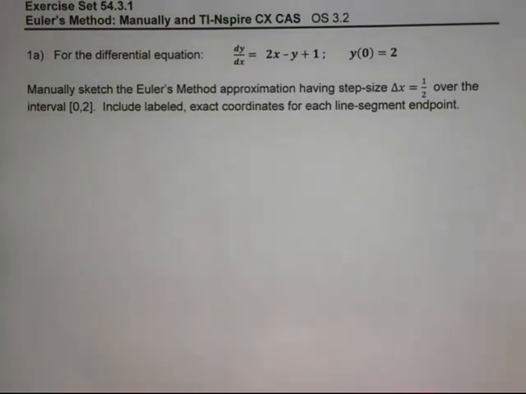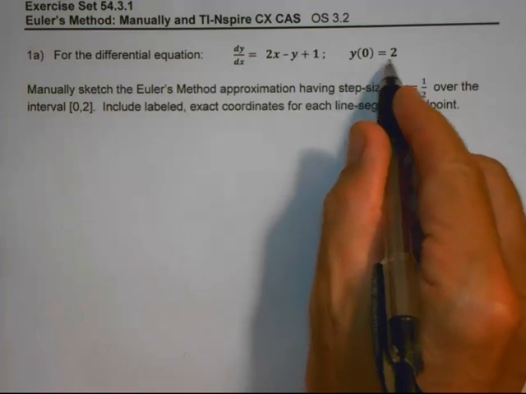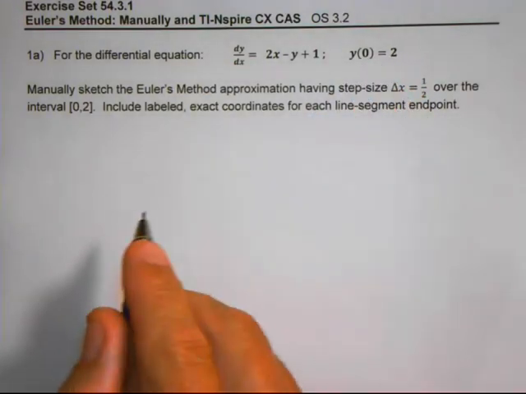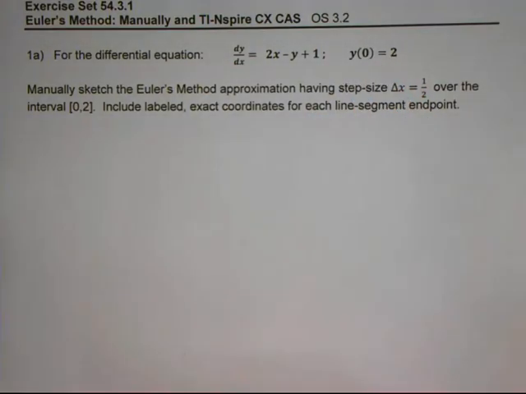Alright, an Euler's method approximation. It's a polygonal curve. It's a concatenation of line segments. So we would need to start at our first known point on this curve. That is y of 0 equals 2. Okay, the point (0, 2). And from there, start generating one line segment at a time.